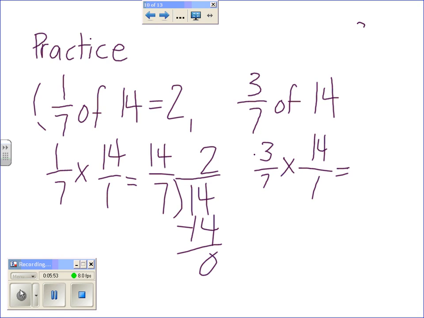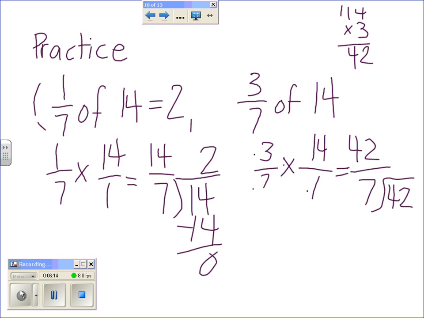Give me a minute to figure that out. 7 times 1 is 7. We're going to divide to rename. 7 goes into 42 6 times. 6 times 7 is 42. With no remainder, my answer is a whole number. 3/7 of 14 is 6.